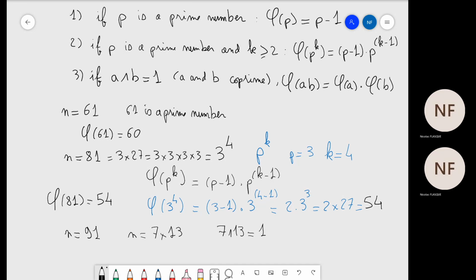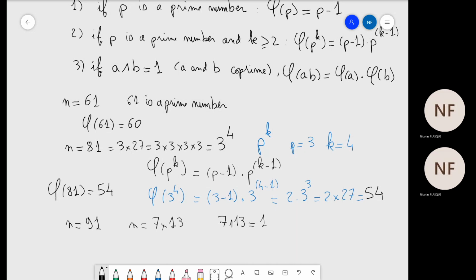So we can use statement number 3 here, meaning that phi of 91 is equal to phi of 7 times 13, and as the GCD of 7 and 13 is equal to 1, we are able to use this decomposition process where we can write that phi of 7 times 13 is phi of 7 times phi of 13.